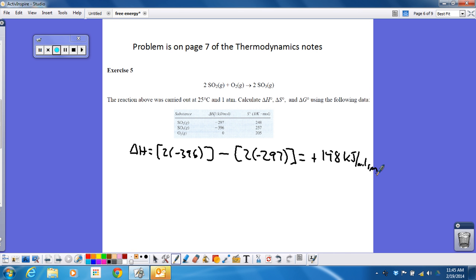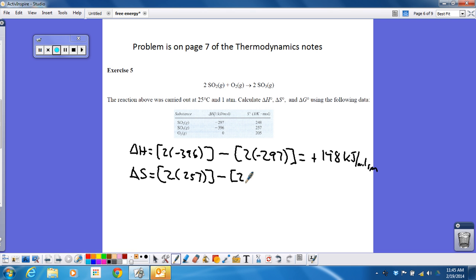So that's my delta H value. I can also calculate the delta S value by looking at the S of the products minus the S of the reactants. The S of the products, SO3, is 257, minus the reactants. Now you notice the heat of formation of oxygen is 0 because it's an element in its natural state, but there is an entropy value for oxygen.